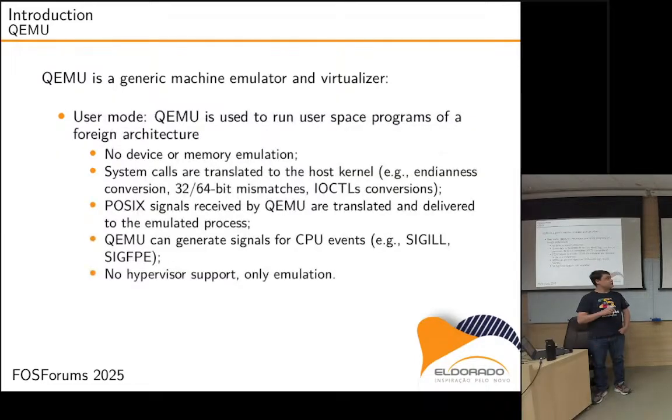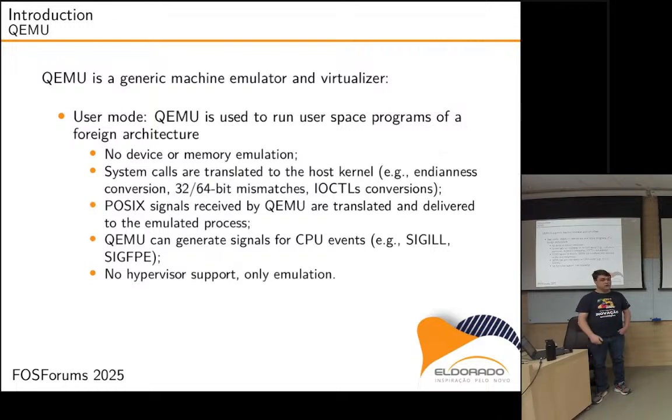You also have the user mode. That's what we use today. In this mode, you will be running a user space program using QEMU. It's much faster because you don't have to emulate, for instance, memory access.